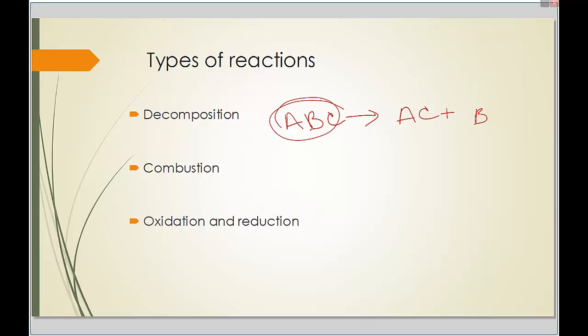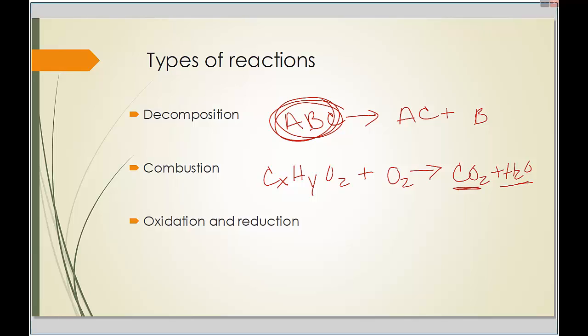Combustion is some carbon compound, sometimes it'll have hydrogen, or sometimes it'll have oxygen in there, reacting with oxygen, and it'll always produce CO2 and H2O. So if you have something that has CO2 and H2O on the right hand side, you automatically know you have a combustion.